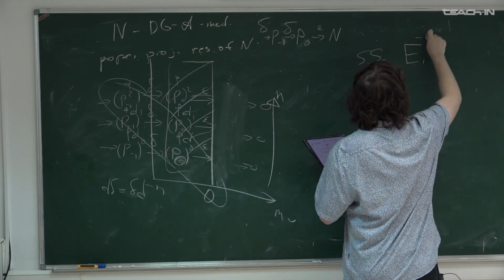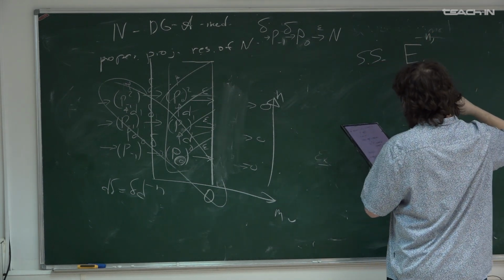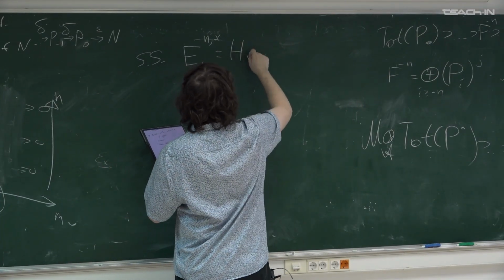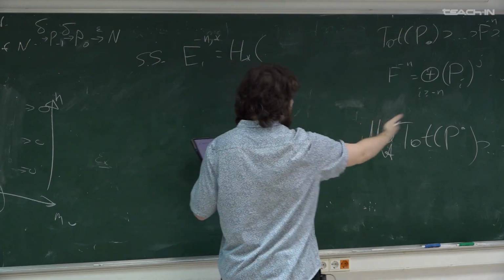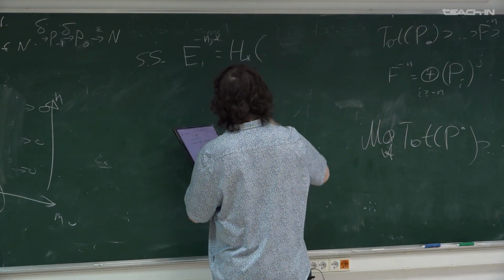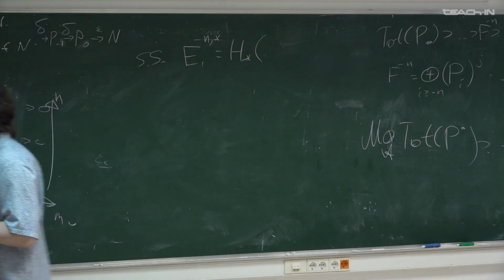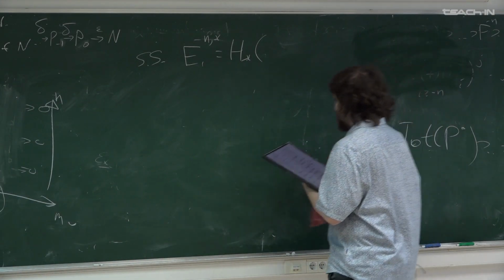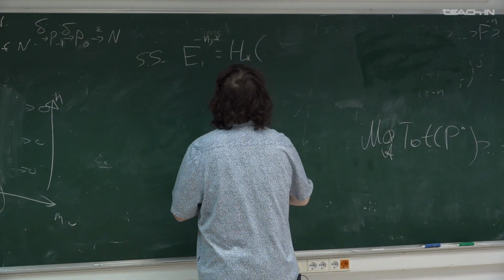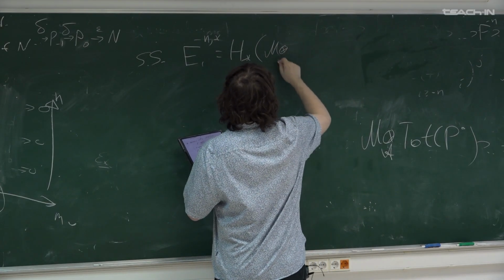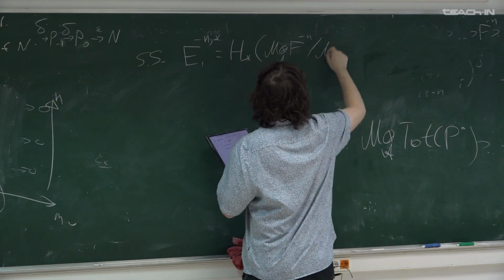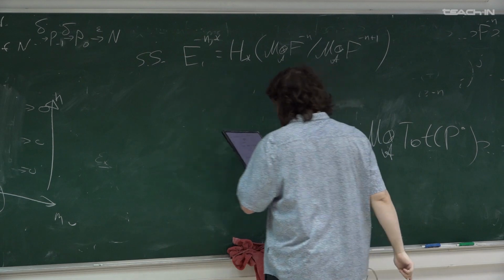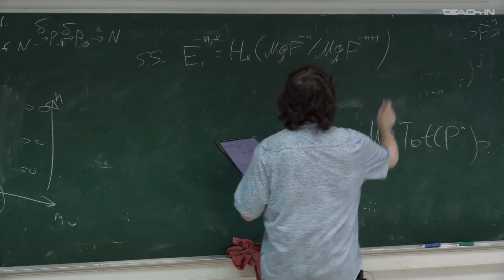First page, minus something, is the homology of quotients. What is it?